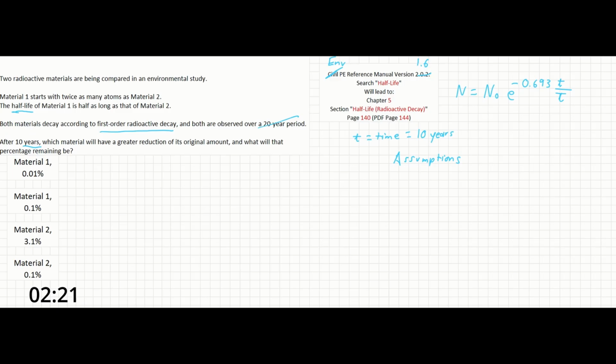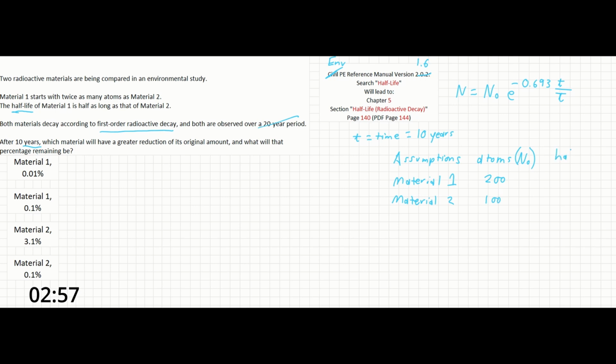So let's take material 1 and material 2, and let's say that the original number of atoms N sub 0 for material 1 is 200, and to satisfy the constraint over here that material 1 starts with twice as many as material 2, material 2 will have 100.